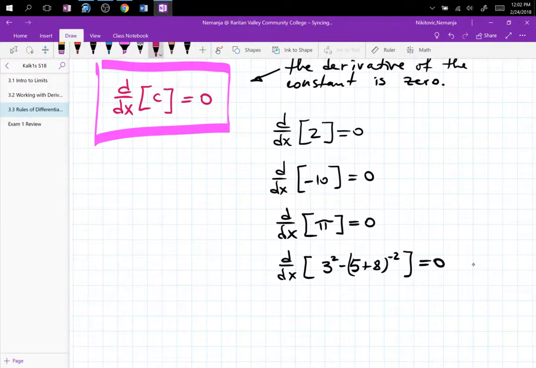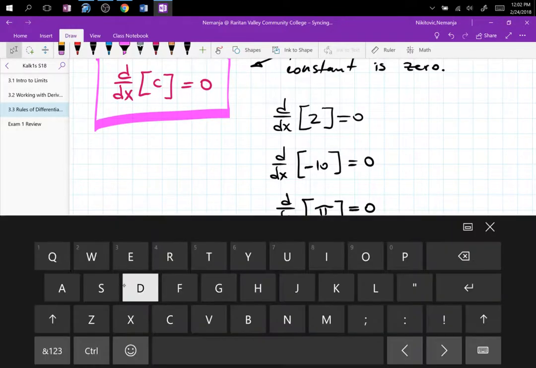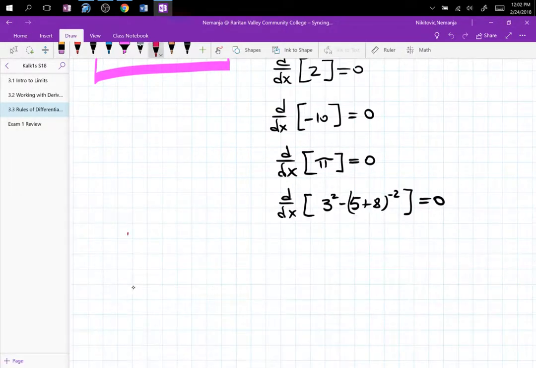The next formula which you are memorizing is the derivative of x to the power n: x squared, x to the 5th, 1 over x cubed, or square root of x. They all fall into this category.